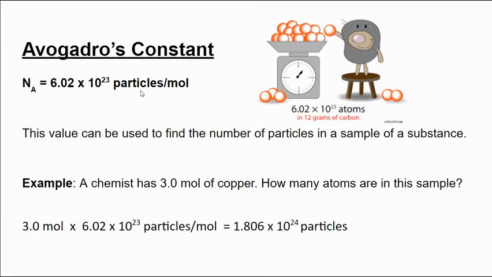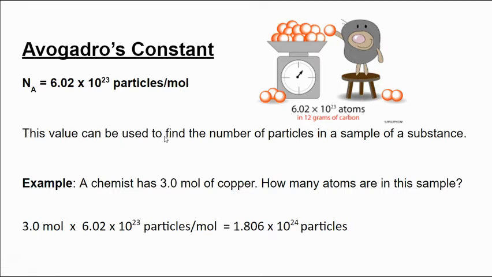Avogadro's constant, we represent with this notation capital N, and that capital N we're going to see a little bit later is a number of particles, but that little subscript capital A helps us denote that it is this constant value. Now, if it's constant, it means that it's unchanging. So Avogadro's constant tells us, regardless of the type of substance we're working with, if you have a mole of it, it's 6.02 times 10 to the 23 particles.